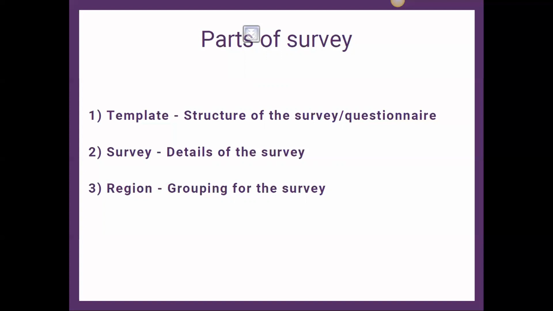The third part is the region. A region is basically a grouping of surveys. Whenever you are doing some benchmark or assessments, there is always a need that some companies or participants want to participate in one survey, but they should not be able to see the other surveys that are running along.